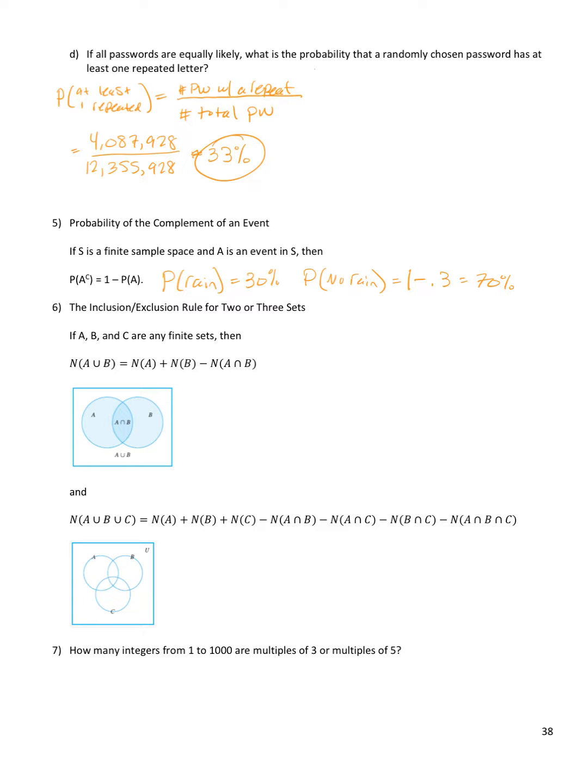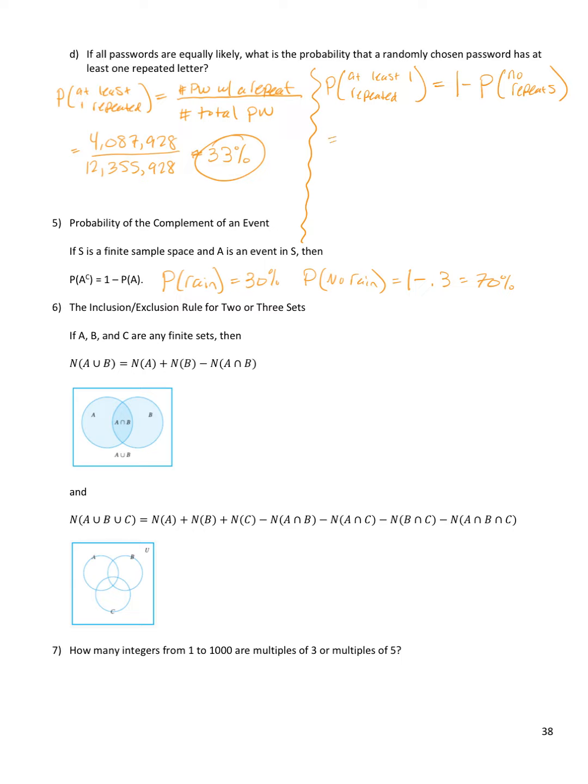Let's see if we can use this concept on the previous question. I want to calculate, again, in a different way, the probability that a randomly chosen password has at least one repeated letter. So I could say the probability that we have at least one repeated. Well, the complement of having at least one repeated is having none repeated. So this would be 1 minus the probability that no letters are repeated. No repeats.